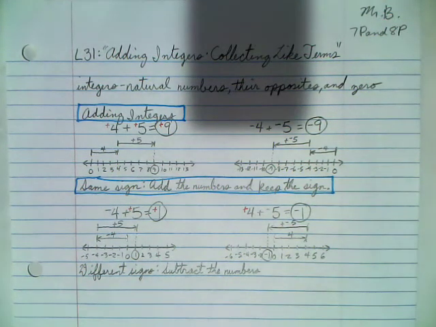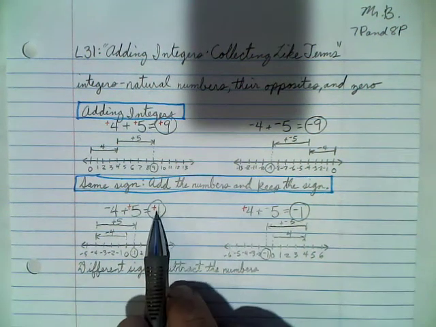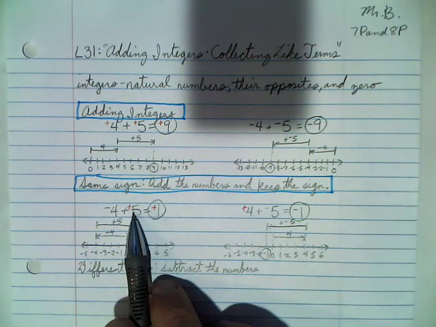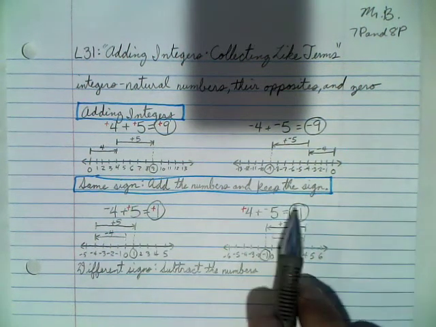So 5 minus 4 is 1. Now for the sign, you'll notice that in both cases, the sign of the answer matches the sign of the 5. So when 5 was positive, the answer is positive. When 5 was negative, the answer is negative.